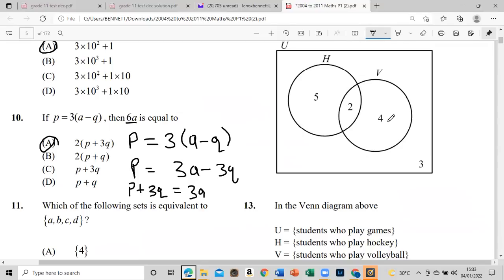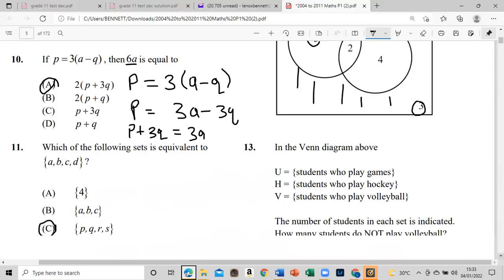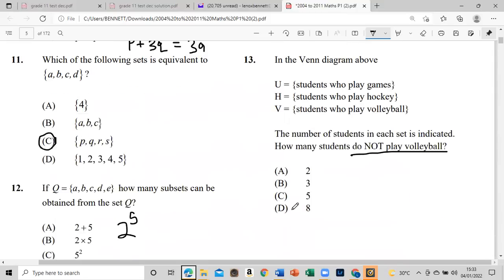And this is volleyball only. So they ask us for not. So it would be outside the circle, right? So it would be this region right here. So this could be 3 who play no game at all. It will be 3 plus 5 and that's 8. Our answer for that.